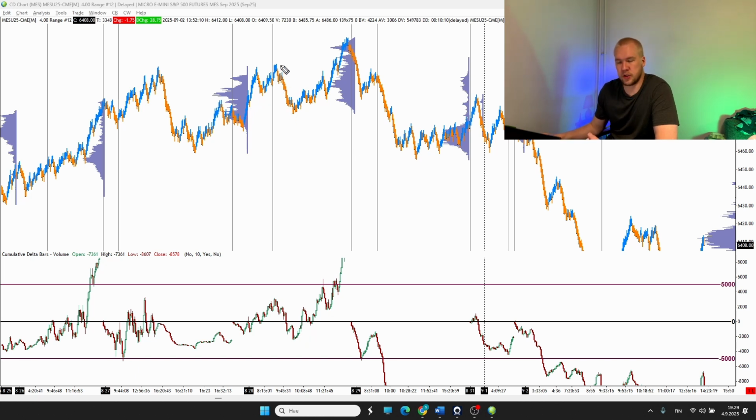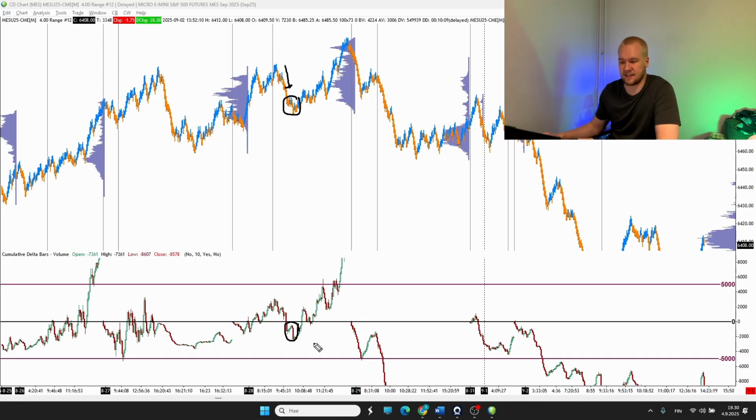So, in this example, price is going downwards. You can see in this part right here, I would say that this is absorption, because delta is going down quite quickly. This is a very quick down move for the cumulative delta, but price isn't going down as quickly.